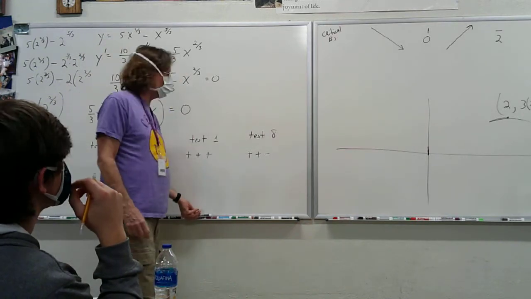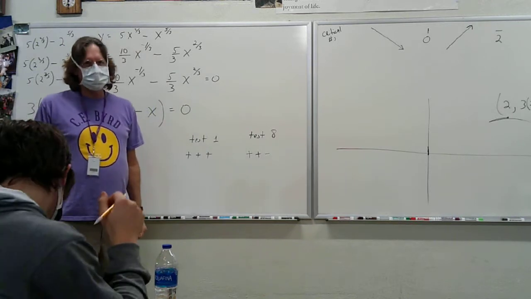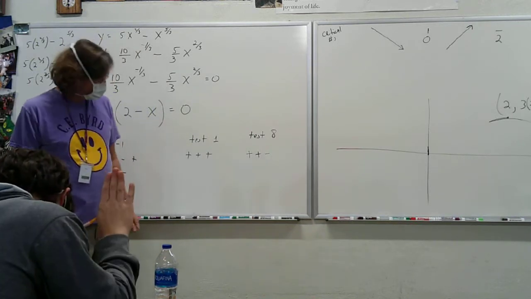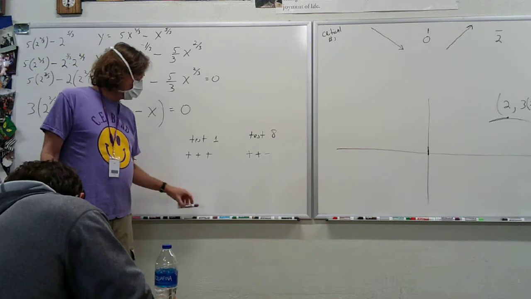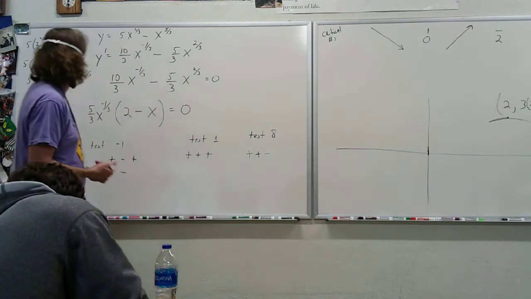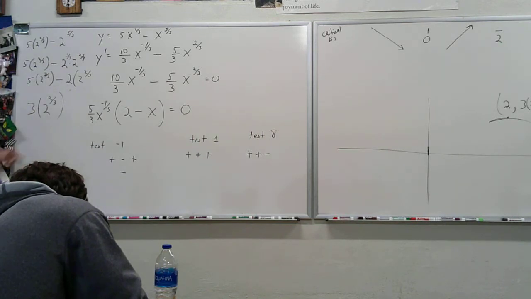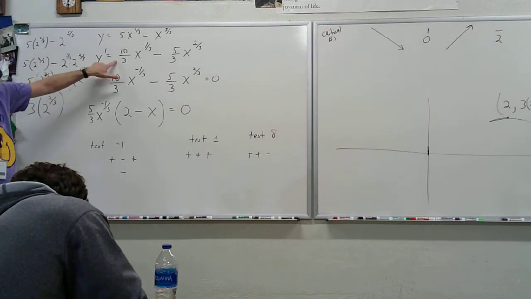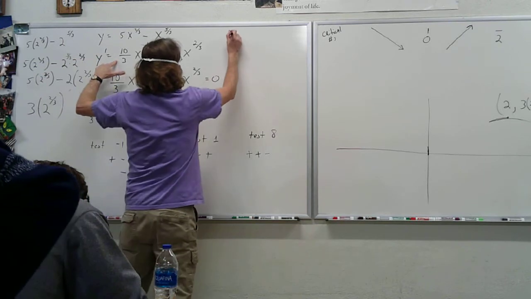How many of you have taken the second derivative? How many are you about to take the second derivative? And then what do you have to do with that second derivative? Set it equal to 0. So do that. Take the second derivative. I would take it from right here. I think it's easier.